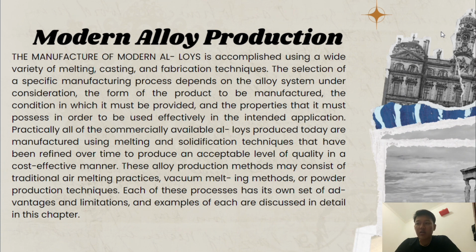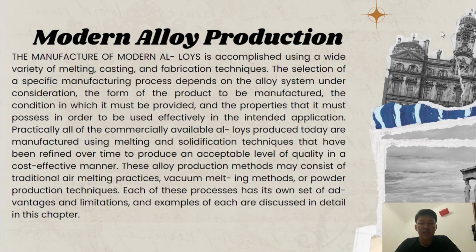Practically all of the commercial alloy products today are manufactured using melting and solidification techniques that have been developed to produce an acceptable level of quality in a cost-effective manner.